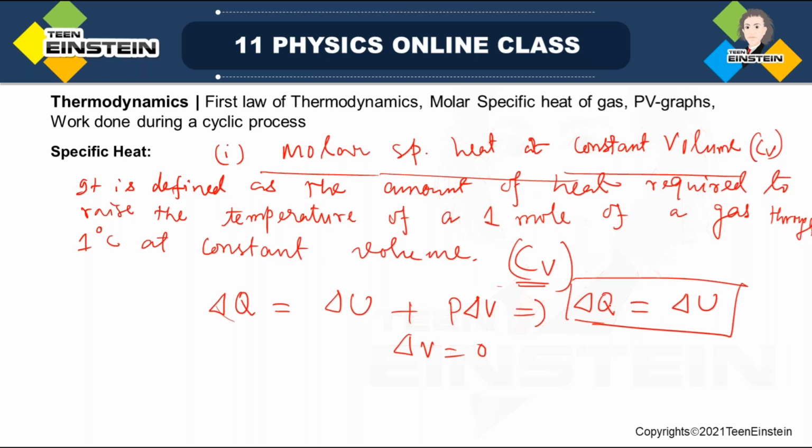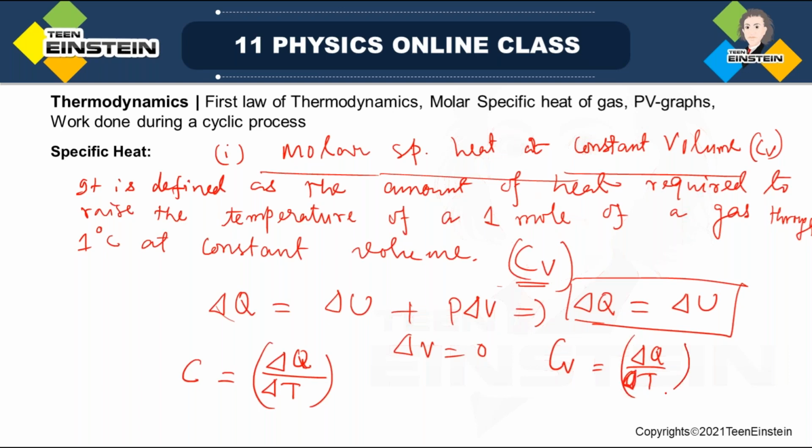The definition of specific heat is the amount of heat per degree centigrade. So dq by dt. From here, if you want to calculate Cv, Cv can be written as dq by dt.